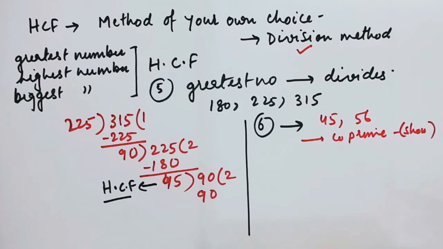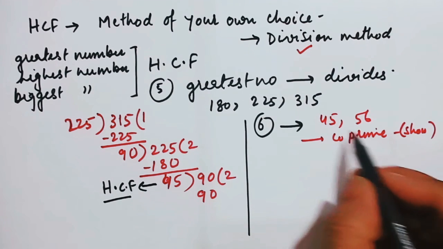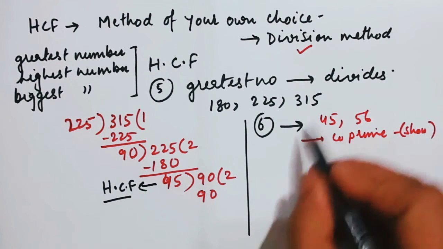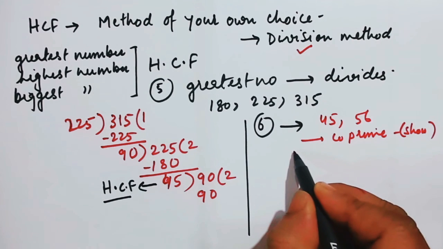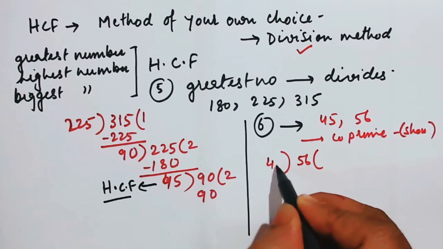How can you show? So first of all, you know what are co-prime numbers. These are numbers whose HCF is 1. So let us find out the HCF of 56 and 45 by the division method.